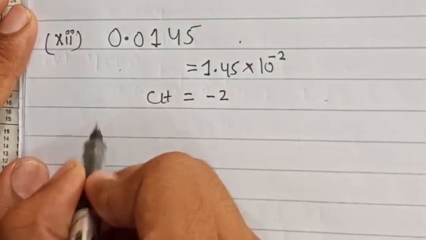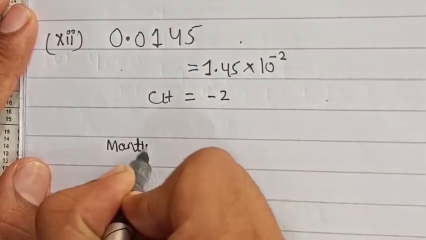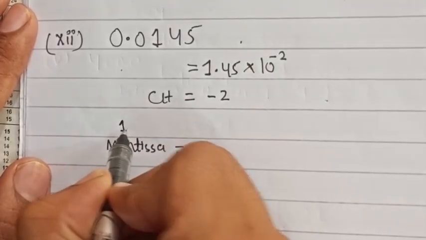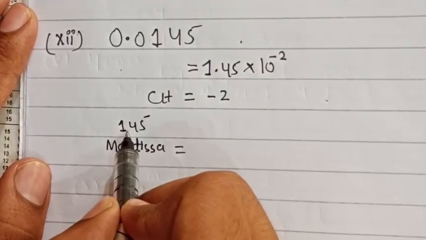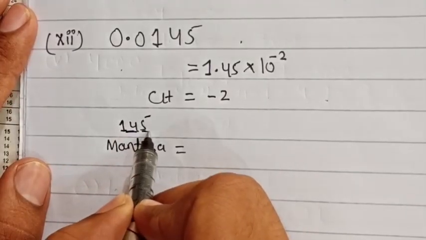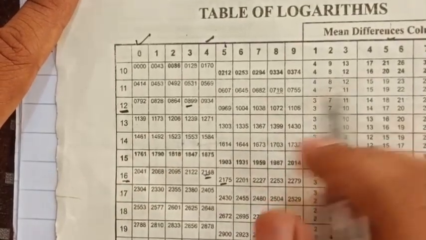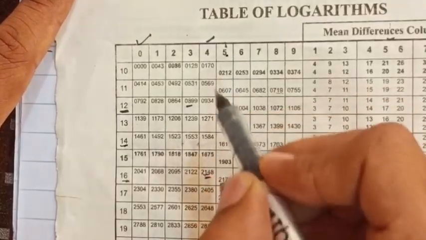So now I am supposed to find out the mantissa. I will ignore the decimal point, that will be 145. Now what I am supposed to do is find out the value of 14 in the 5th column. So I will do it likewise. So it is the table of logarithms. It is 14 and the 5th column.